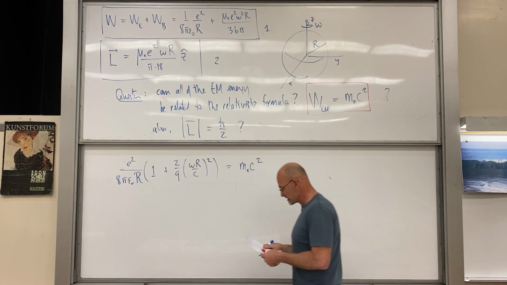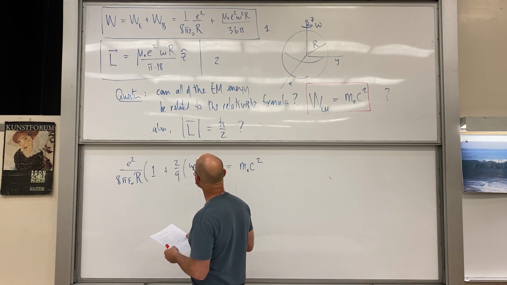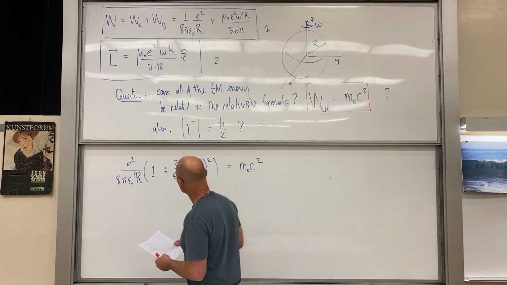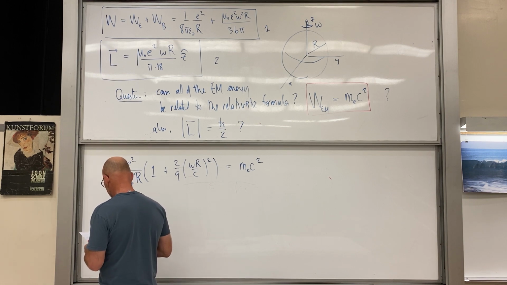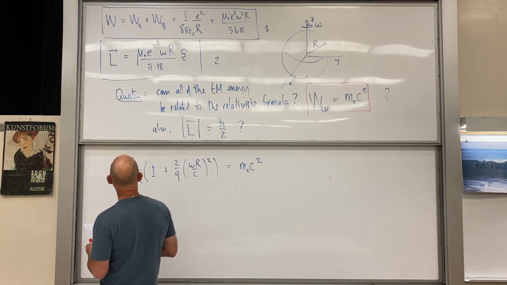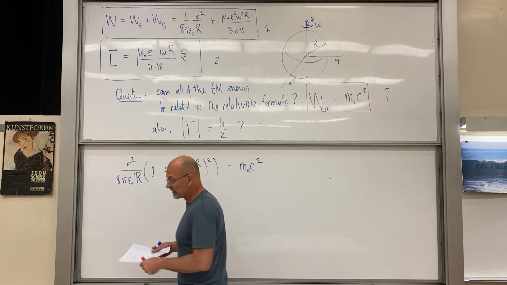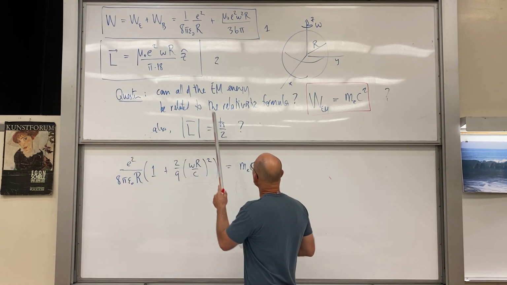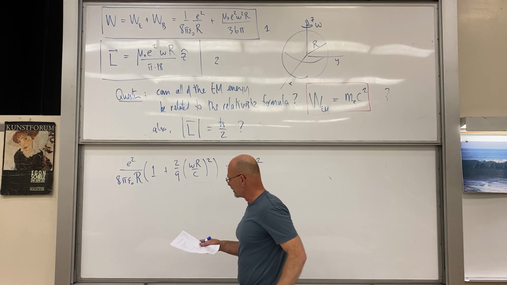And for L equals h bar over 2, that one's actually simpler. So I'll write that one down as well. So if we set L equal to h bar over 2, we can solve for omega times r. We'll do that right away.